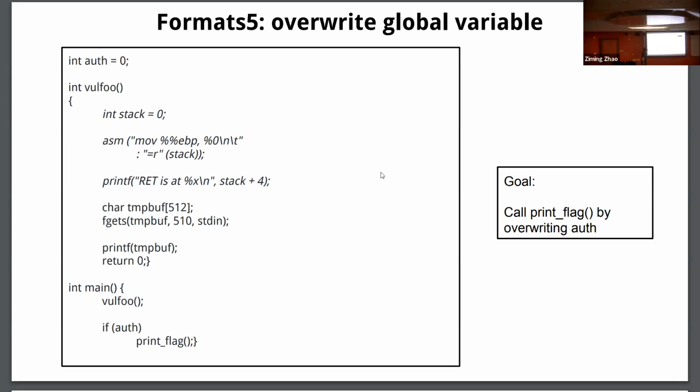So let's look at the first approach. We have a global variable auth initialized to 0. We have a local temp buffer of 512 bytes. After that, we have fgets, which gets input from stdin. Here you know that this fgets is not going to overflow the temp buffer, because we're only reading 510 bytes, which is just enough.